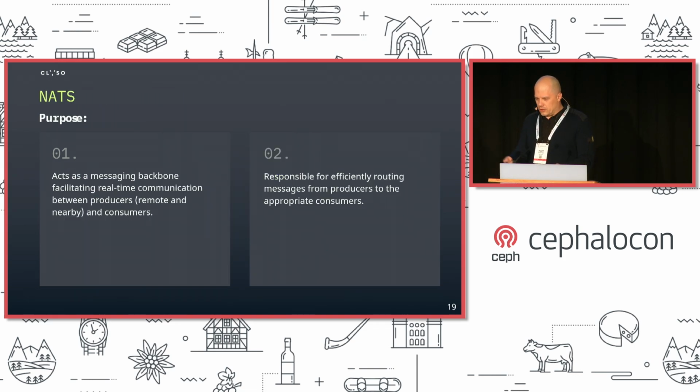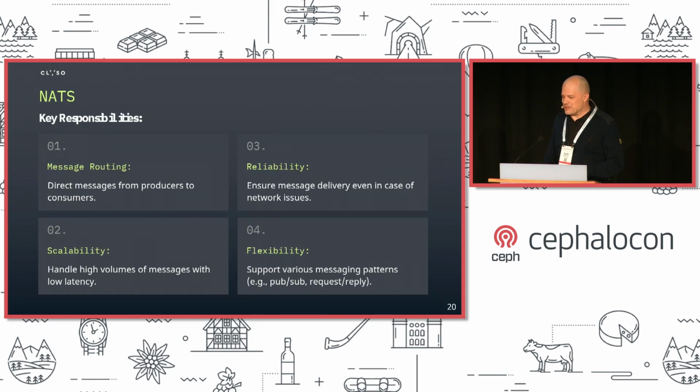NATS, just a few words about it. It's really reliable. Also, it's easy to scale. You can make an HA cluster really easily, and you don't need to think about how it works. It just works. I mean, like Ceph also, but not in all cases.